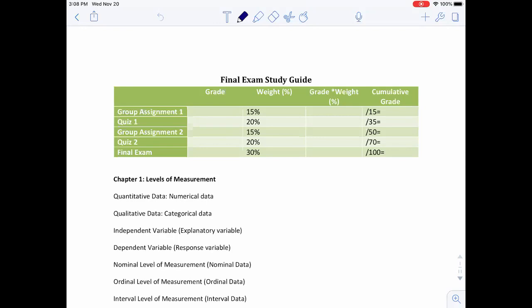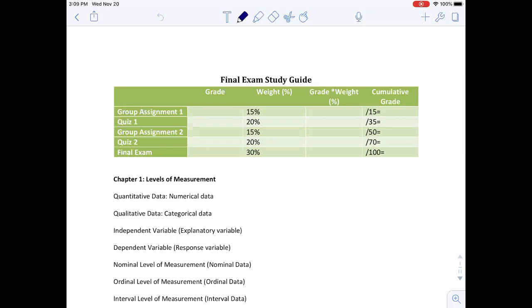But what I want to do today is just go through this whole document and highlight things to keep an eye out for, right? First things first, your grades on Moodle right now, they're not out of 100, right? They're out of 70%, right?